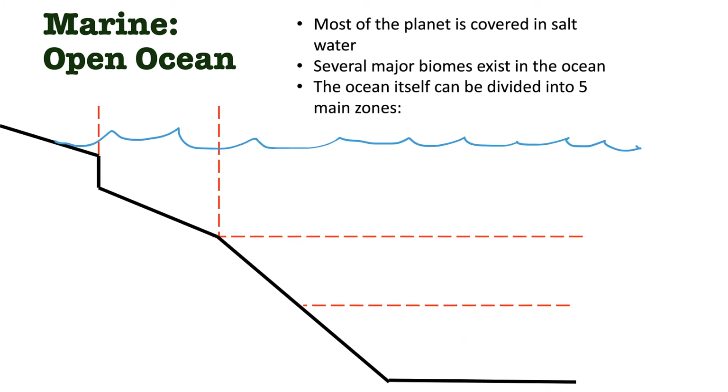But, like I said, we can divide the ocean from shoreline out into several different zones. And the first one, right near the shoreline where the breaking waves are between the high tide and low tide mark, you have the intertidal zone, where there's a lot of nutrients present, and you tend to have a lot of biodiversity. You also tend to have creatures who are specialized in dealing with some harsh conditions, and we'll talk about those in a little bit.